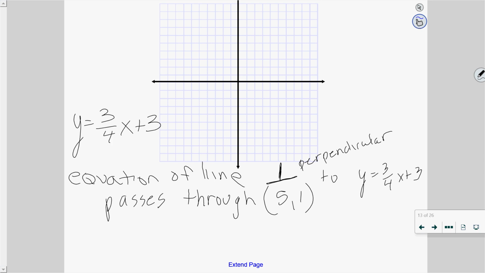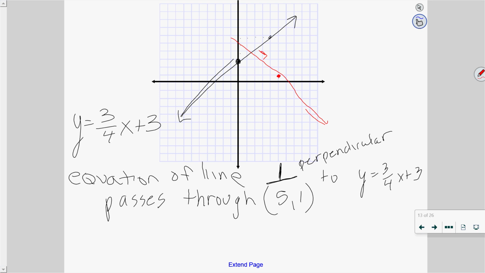Y-intercept 3, rise 3, run 4. Here's my line. I need to plot (5, 1). (5, 1) is right here. I need it to be perpendicular, so it needs to form a right angle.